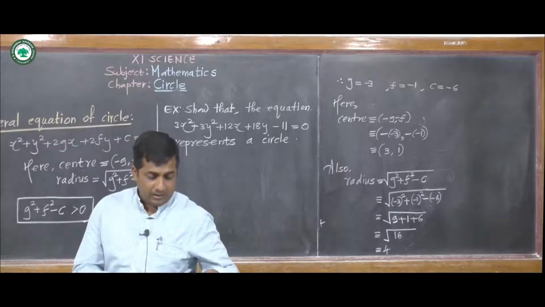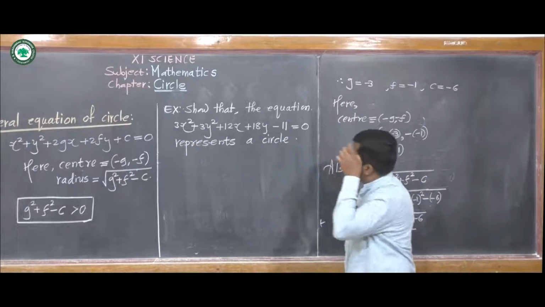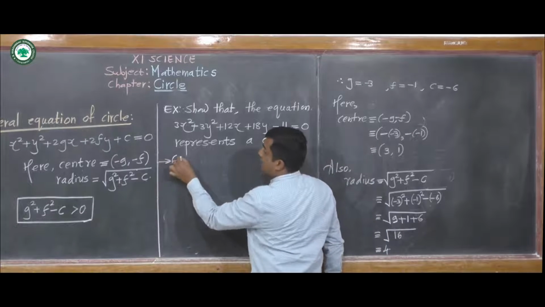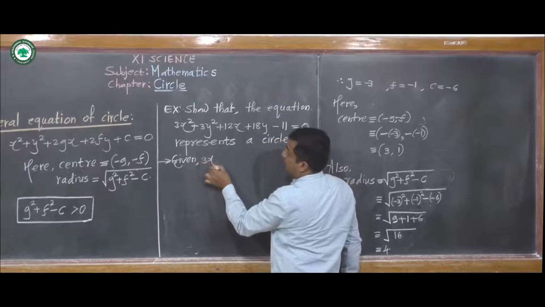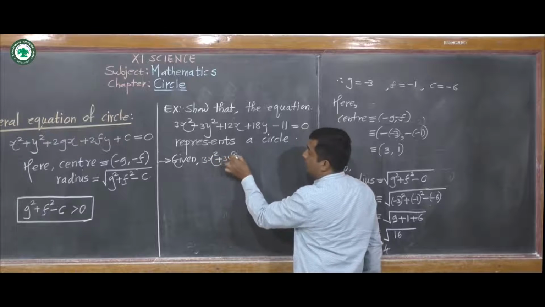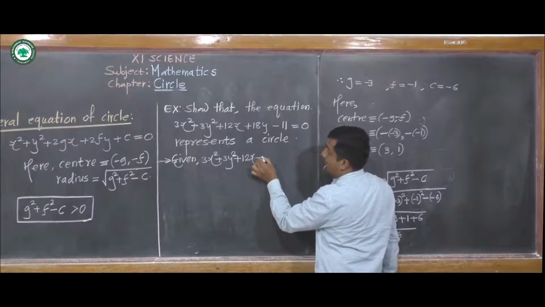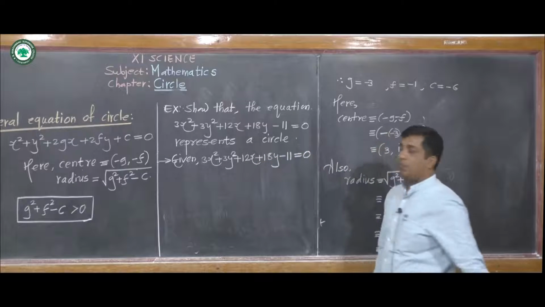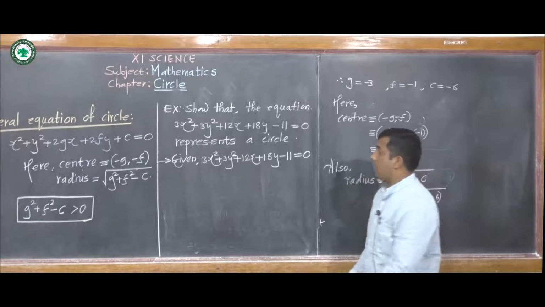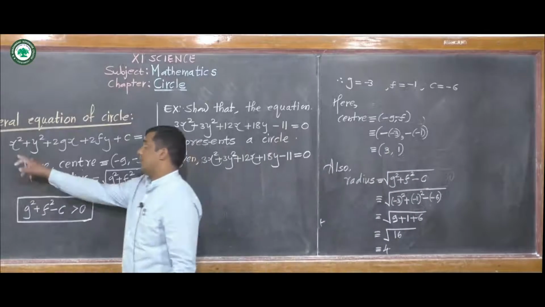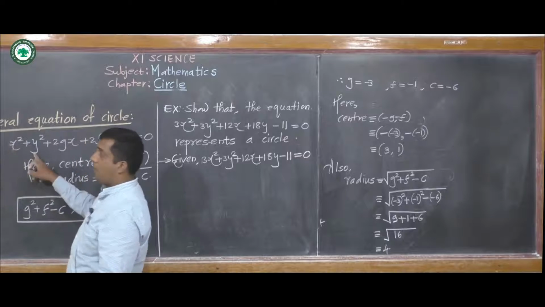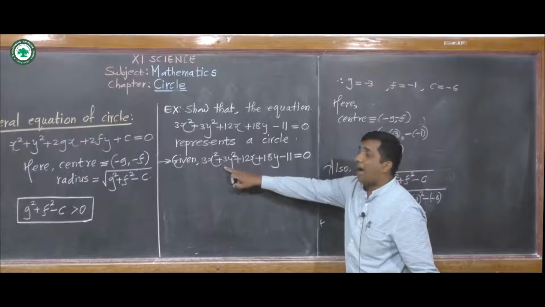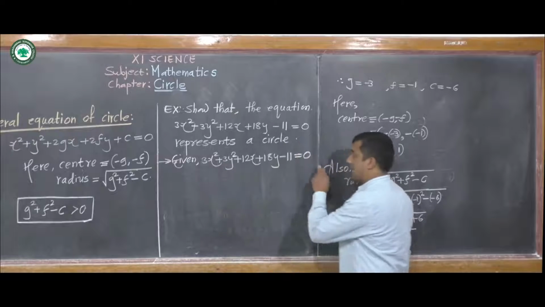So by using our condition, we show this equation represents a circle. Consider the given equation first: 3x square plus 3y square plus 12x plus 18y minus 11 is equal to 0. Here we know for the general equation, the coefficients of x square and y square are 1, so we divide this equation, or both the sides, by 3.